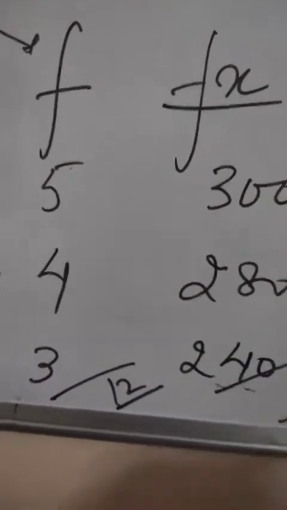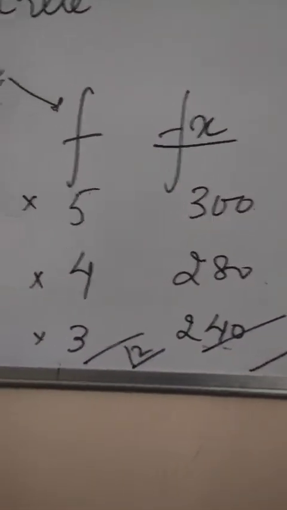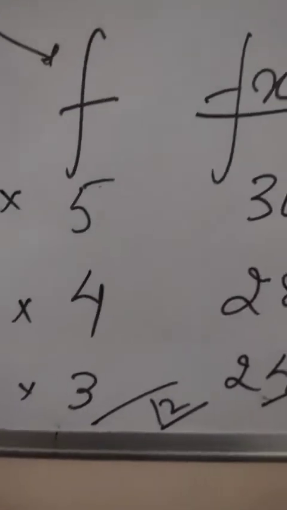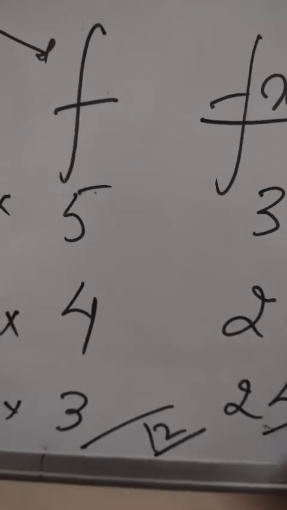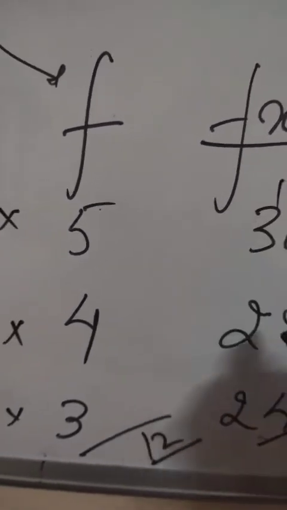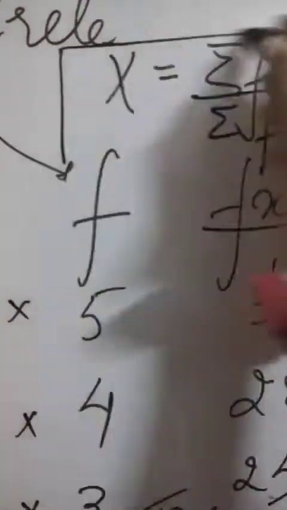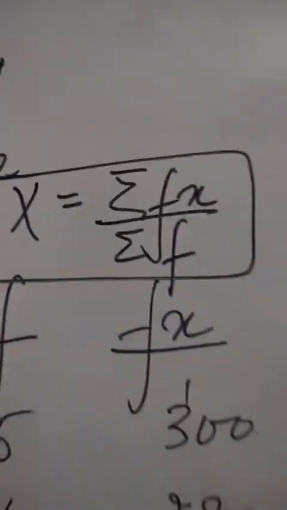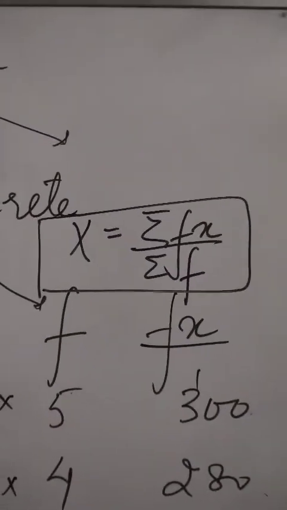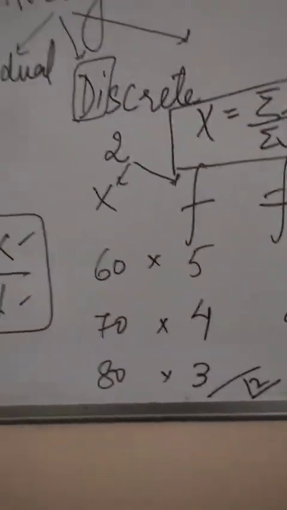Now you will be totaling fx this time, and also the f which we have already totaled: 5 and 4 is 9, and 3 is 12. Now the formula for discrete is mean is equal to summation fx upon summation f. I hope this is clear.